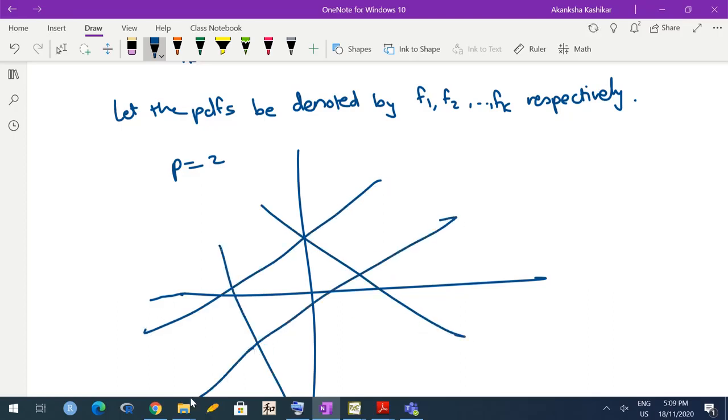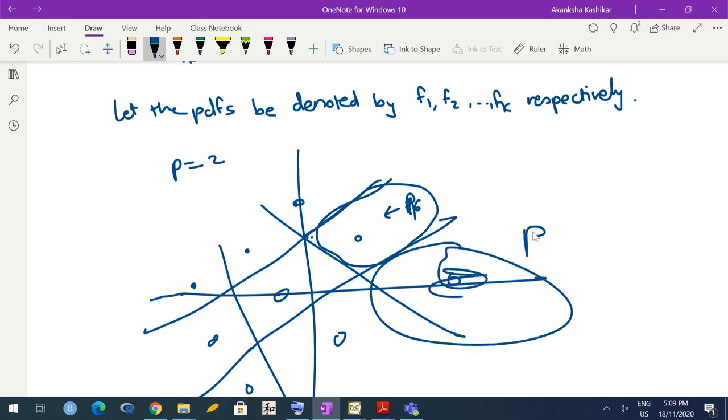Everything here is in one population, everything here is in another population, and so on. Suppose we are dividing the entire space into 9 possible sets, and if an observation lies in this particular set, we allot it to population 6. If an observation lies in this set, we allot it to population 9, and so on.